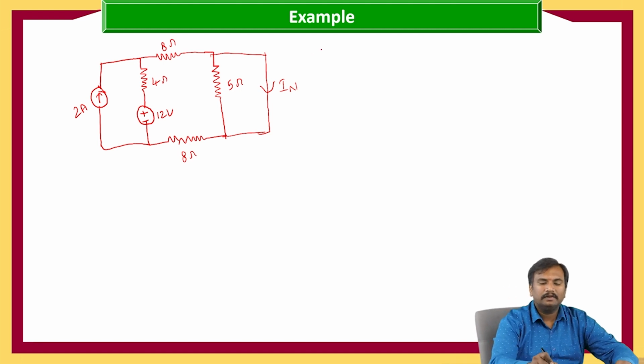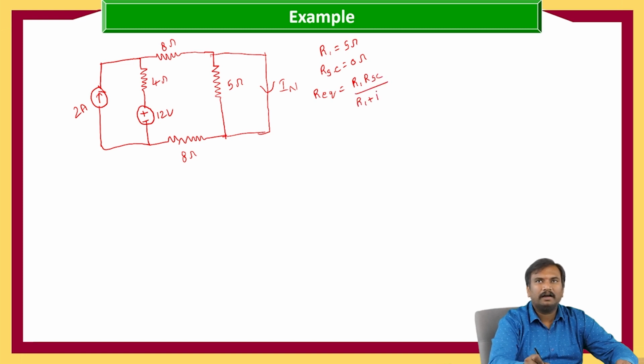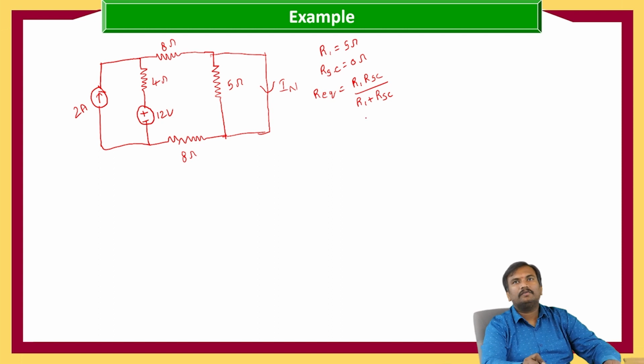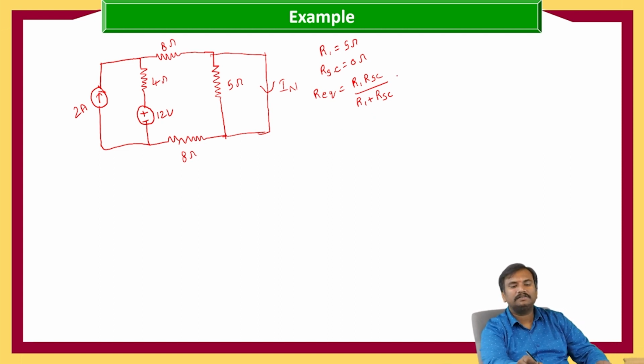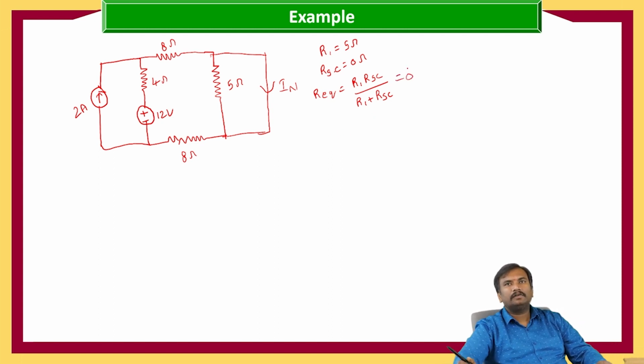Here we have one resistance of 5 ohms. The short circuit resistance is 0 ohms. If we calculate the equivalent resistance, R1 into RSC by R1 plus RSC, we get the R equivalent value as 0. So this 5 ohms can be replaced with a short circuit.